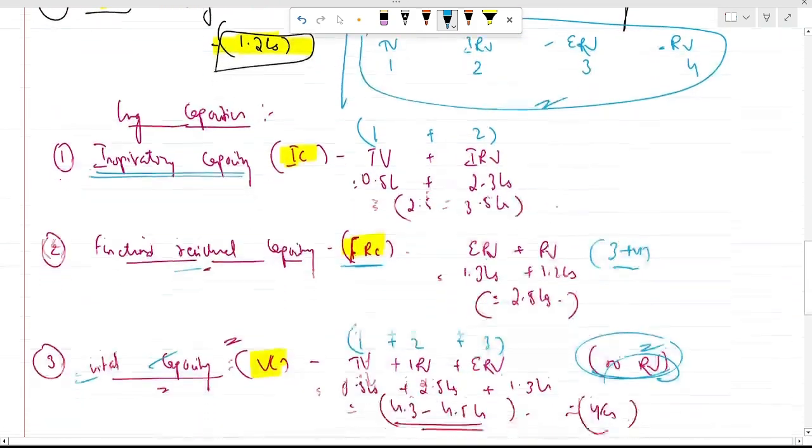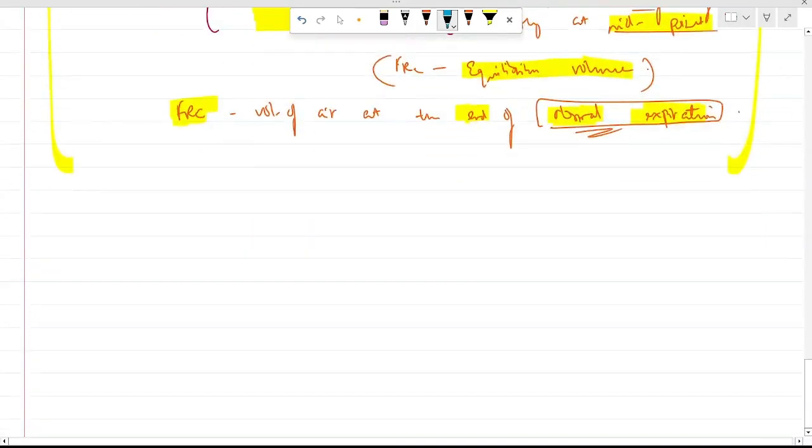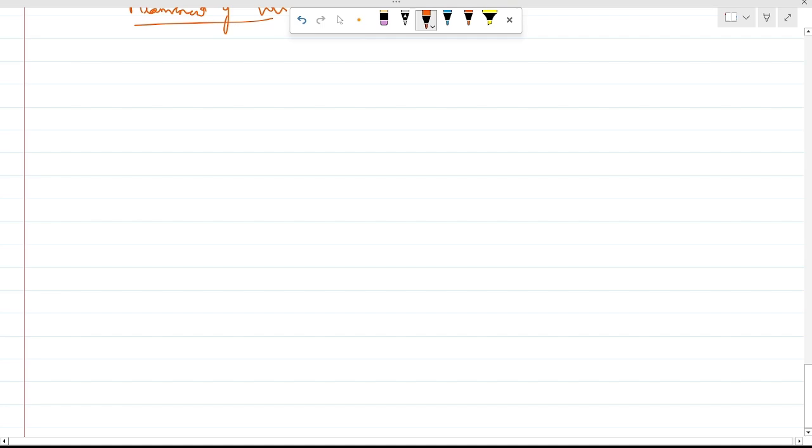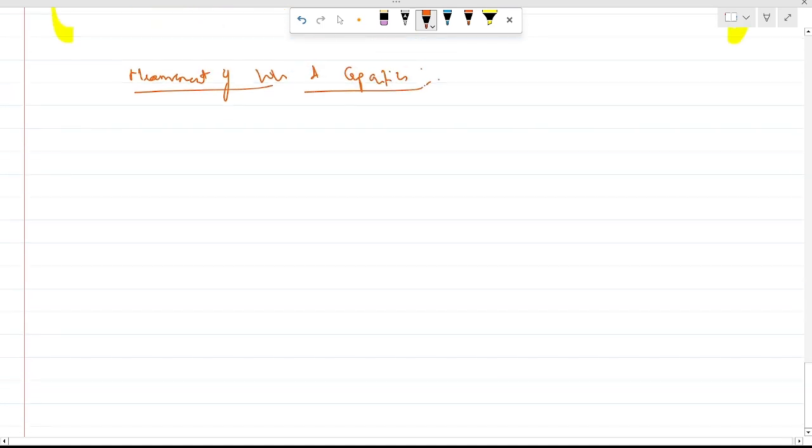Now for the measurement of these volumes and capacities. We can measure all of them by spirometry, except three that we need to remember.